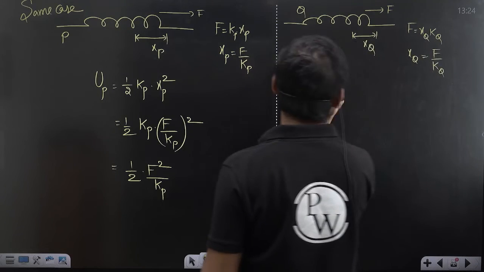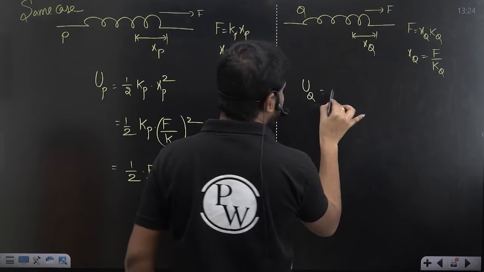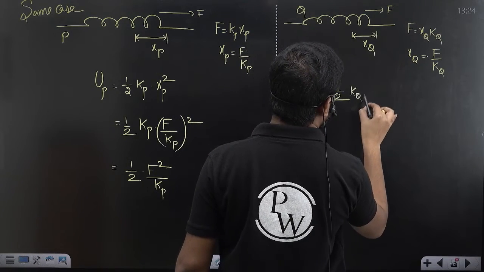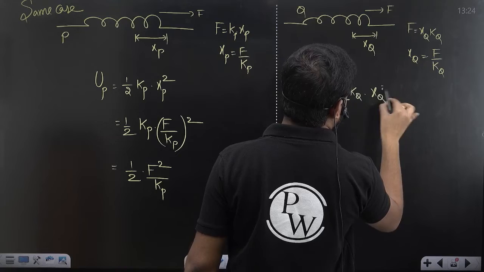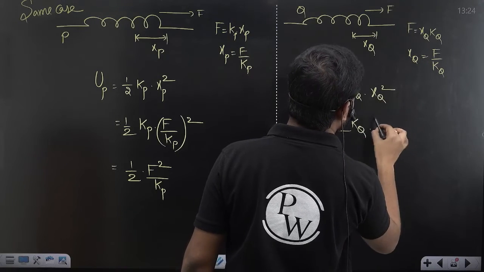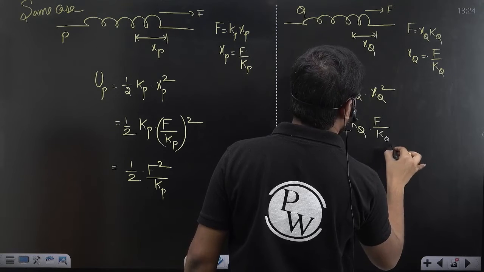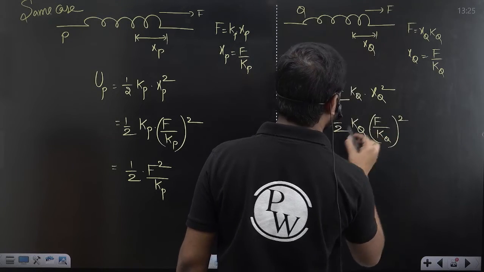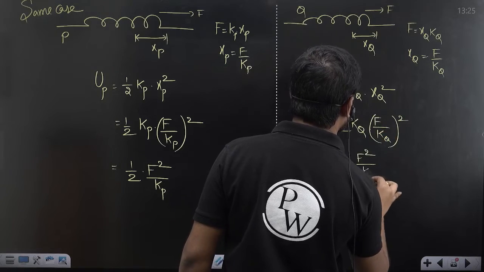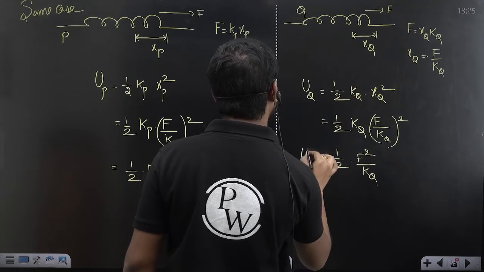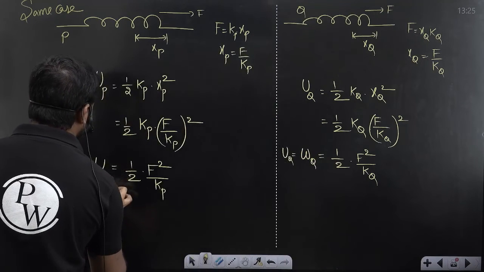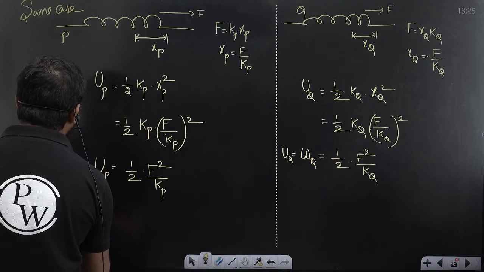The potential energy in spring Q will be half into Kq into xq whole square, which is half into Kq into F by Kq whole square. Here one Kq gets cancelled, so half into F square by Kq. This is the work done in Q, which equals the potential energy in Q.